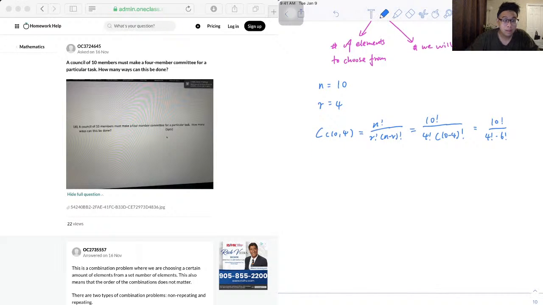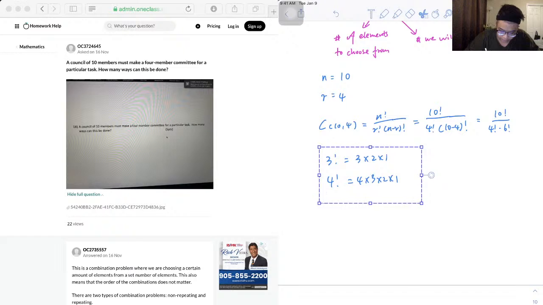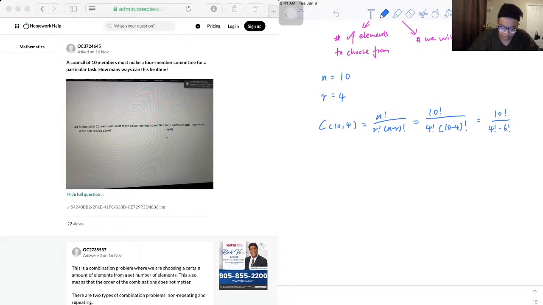And remember, a factorial is just a number multiplied by all the numbers preceding it. So 3 factorial means 3 times 2 times 1, and 4 factorial is 4 times 3 times 2 times 1. By knowing this, we can simplify our fraction.